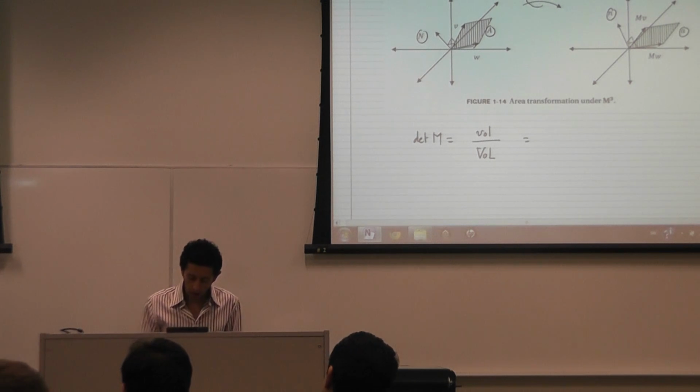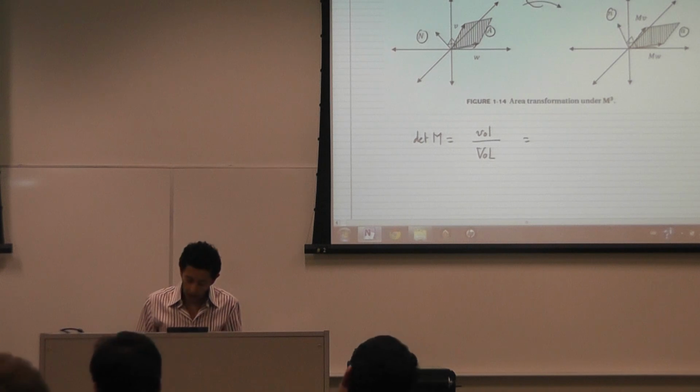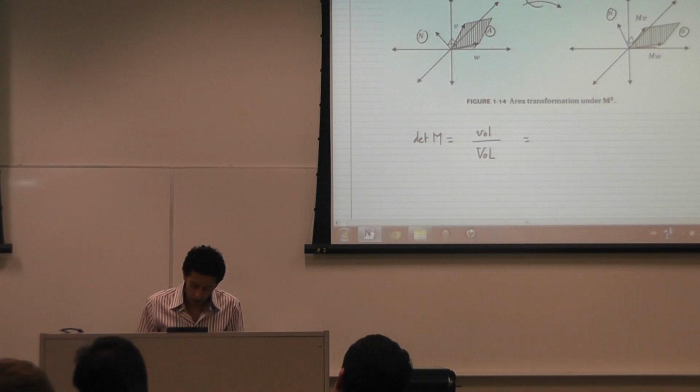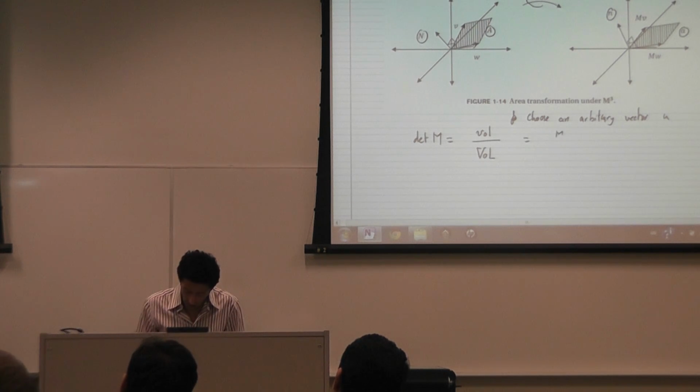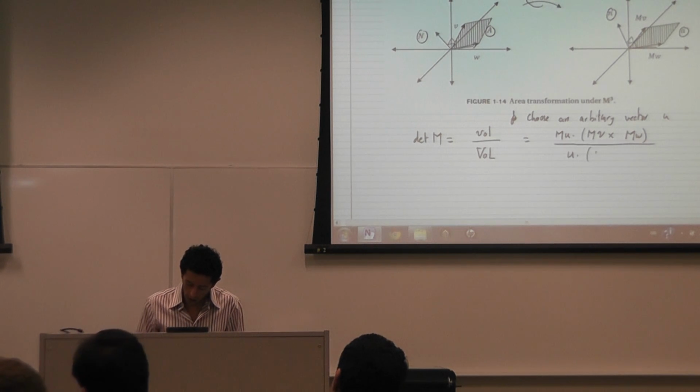Now I don't have a volume here, I'm looking at an area, so I'm going to select an arbitrary vector U. MU dot MV cross MW is the volume after transformation divided by the volume before, which is U dot V cross W.